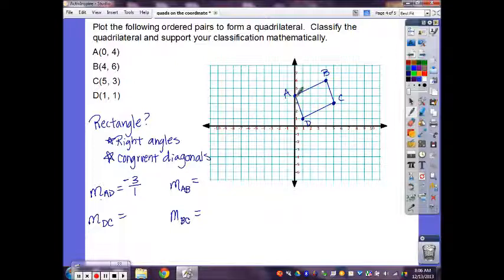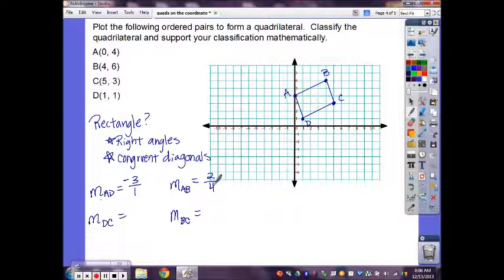AB, from A to B I go up 2 over 4, and as I move left to right it goes upward, so it's a positive slope.